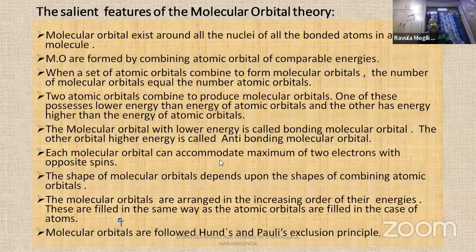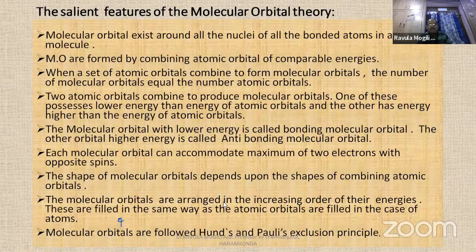Each molecular orbital can accommodate a maximum of 2 electrons with opposite spin. This is very, very important. The shapes of molecular orbitals depend upon the shapes of the combining atomic orbitals.